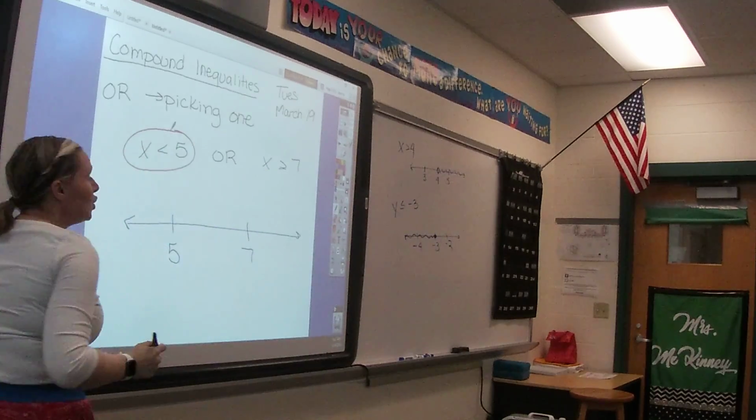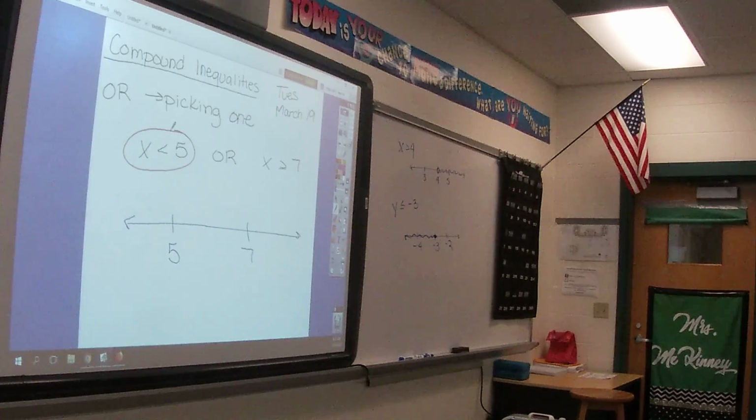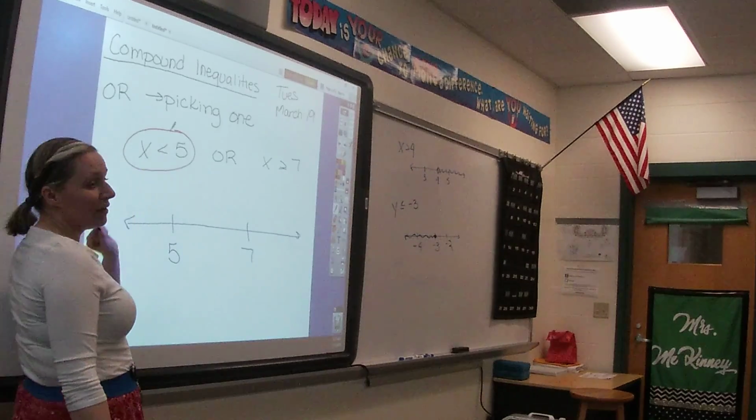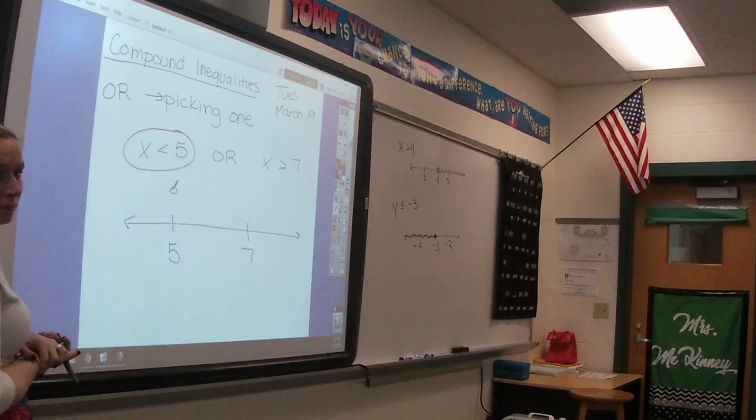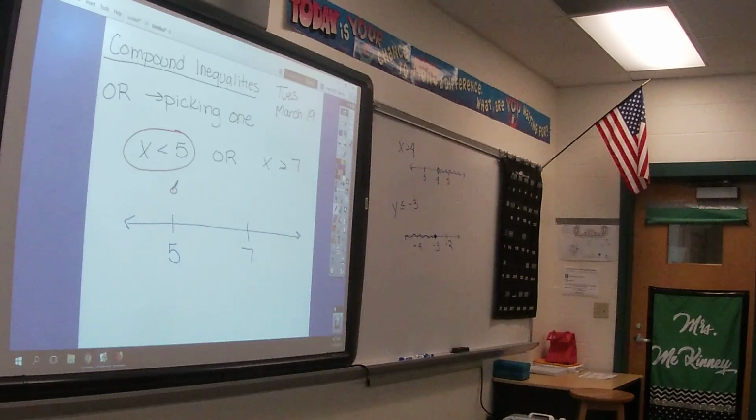So I'm going to look at x is less than 5. Open circle or filled in circle at 5? Open. So I'm going to graph above the number line because we're just going to visually see what's going on. And are we going to shade to the right or to the left?